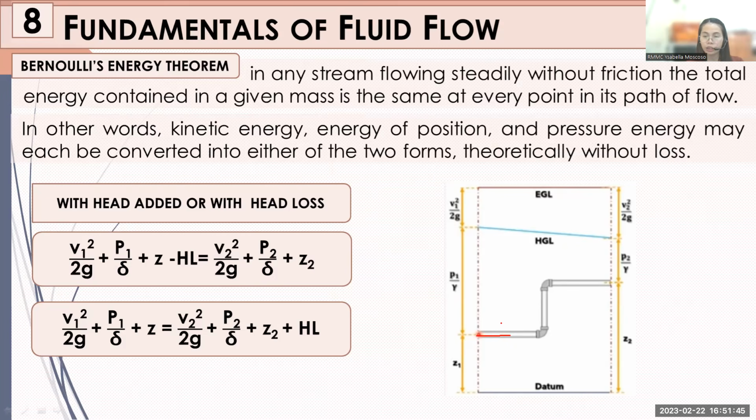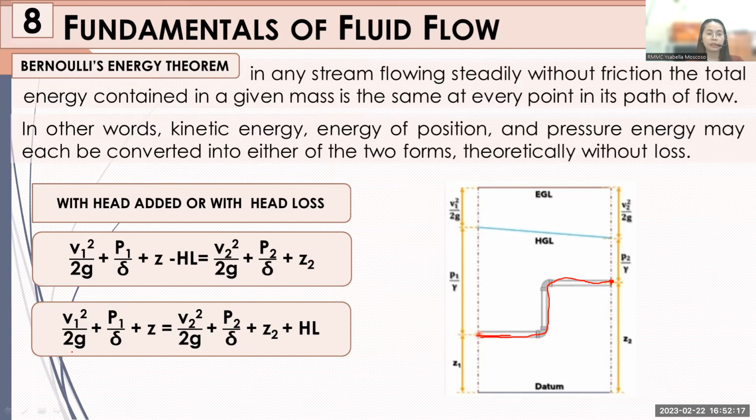From point 1, it flows until it reaches point 2. So where did the rubbing between the fluid and the pipe start? At point 1. Right? When there is rubbing between the fluid and the pipe, there is friction. When there is friction, there is energy dissipation. When there is energy dissipation because of friction, there is head loss.